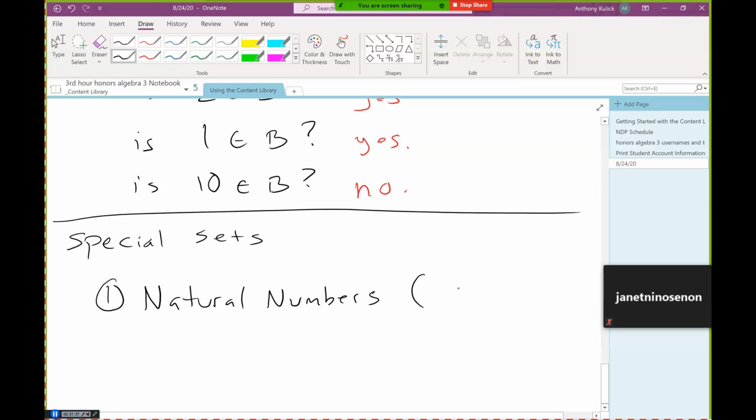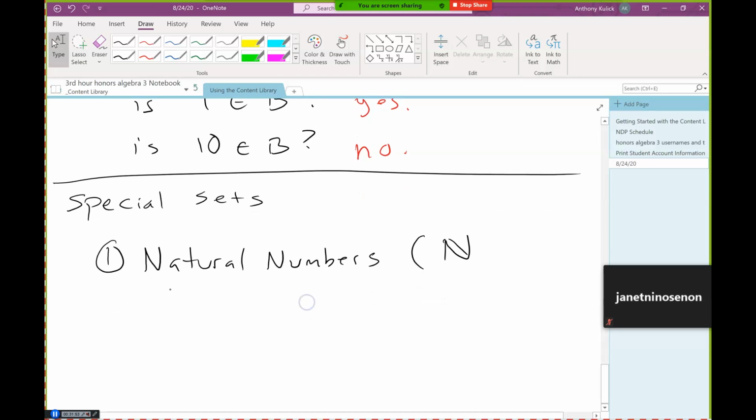Instead of just using a capital letter A, B, C, etc., these ones are kind of standard. So for the natural numbers, we use an N with a double bar on the diagonal. That's the symbol that we use for the natural numbers.